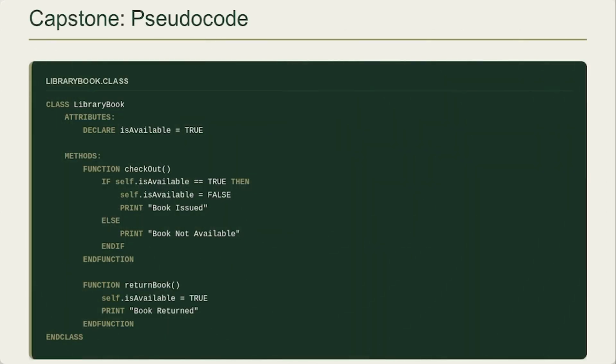Now pseudocode. So simply, class LibraryBook where we have one single variable, that is available. Then we have two methods.